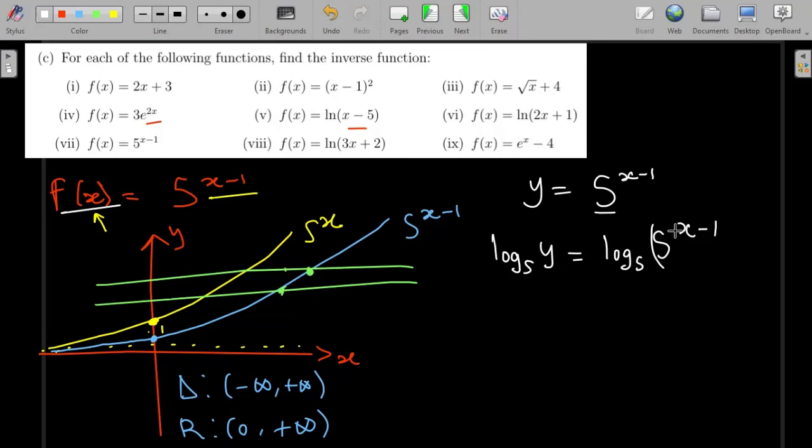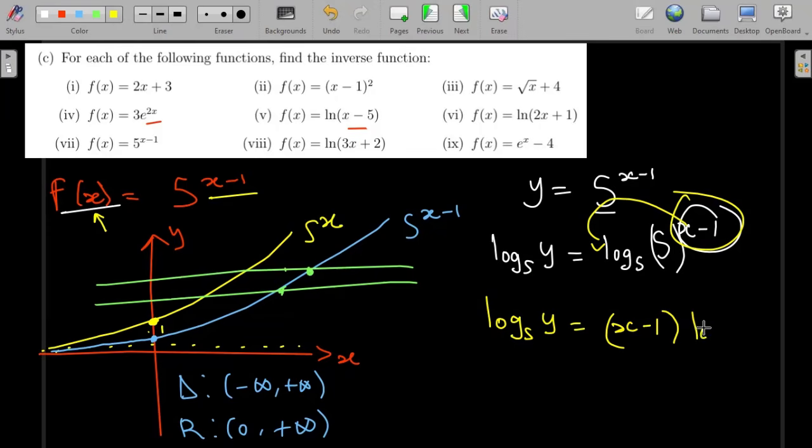This allows me to drop the x minus 1 power in front. So log base 5 of y is equal to x minus 1 times log base 5 of 5. Remember, if you have the same base as the number that follows, this becomes 1.